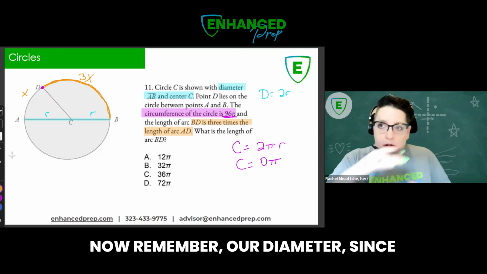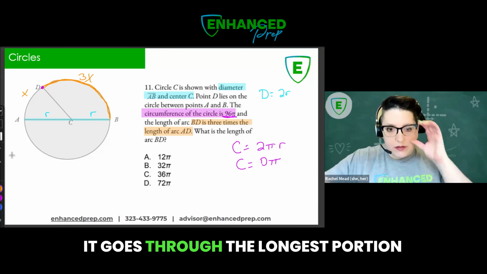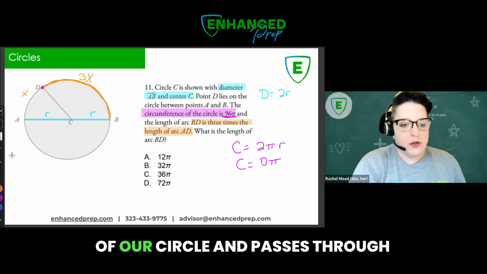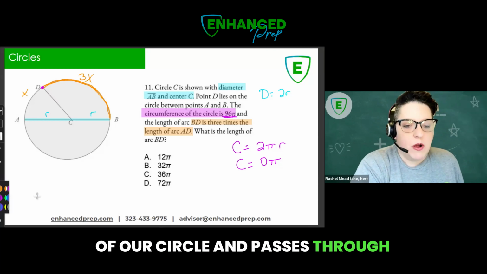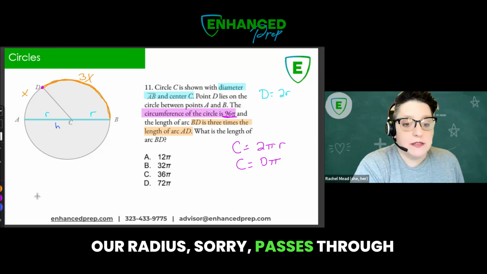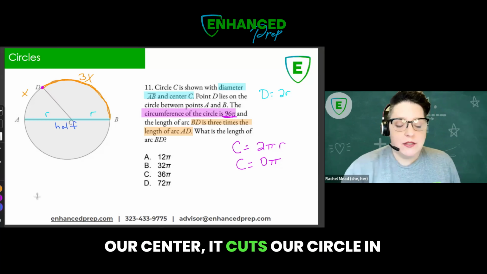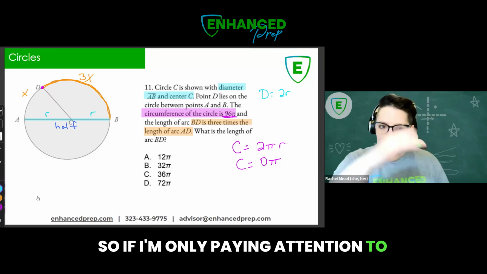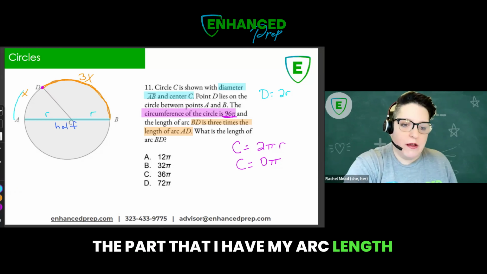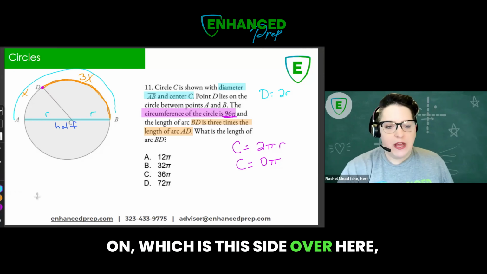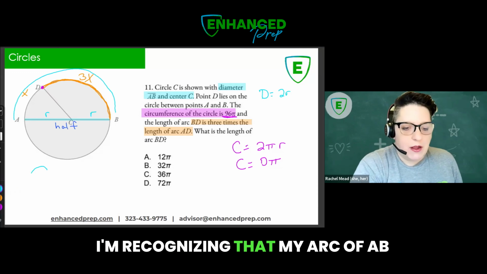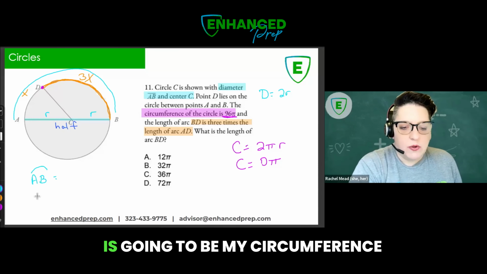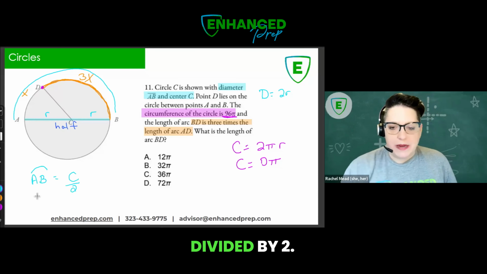Now remember, our diameter, since it goes through the longest portion of our circle and passes through our center, cuts our circle in half. So if I'm only paying attention to the side that I have my arc length on, I'm recognizing that my arc of AB is going to be my circumference divided by 2.